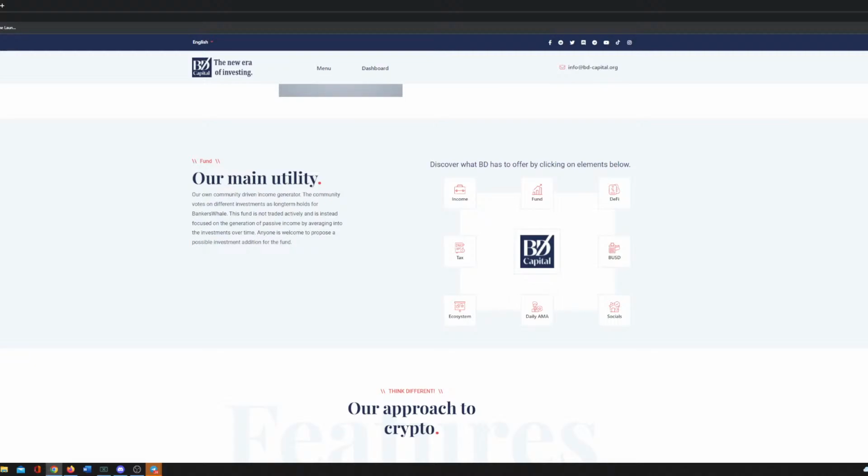Now think of this: why is this so interesting for BD Capital? If this is successful, you can do this 2 times, 3 times, 4 times. If you are growing in team members and everything, you do not really have a limit for it.